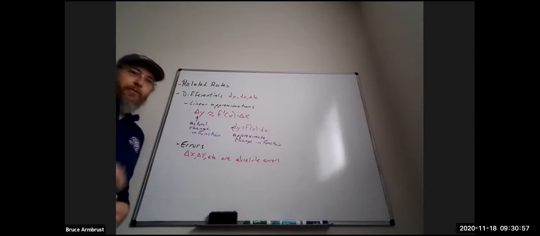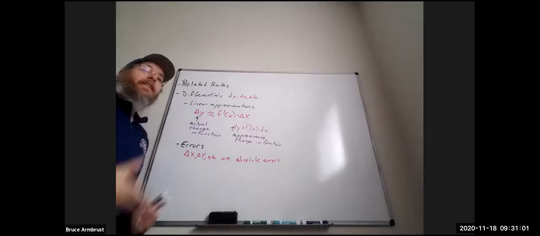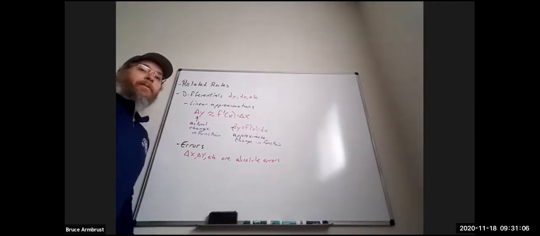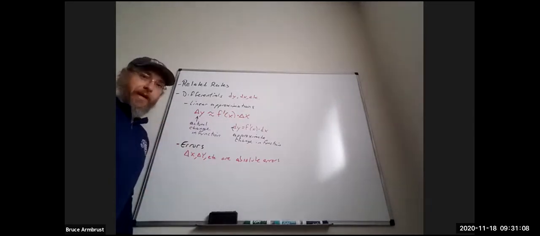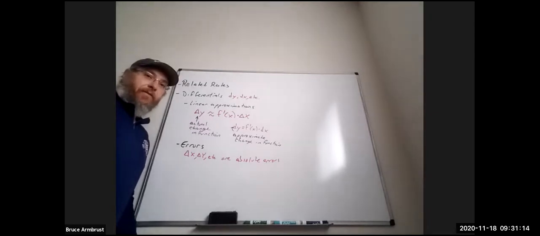When I say absolute, that just means that is the amount of error in our thing. Go back to that quiz question: when we had the error in the radius, the 0.1, that was our delta r. Delta V was the error in the volume.